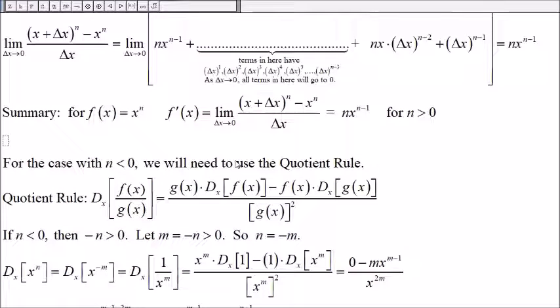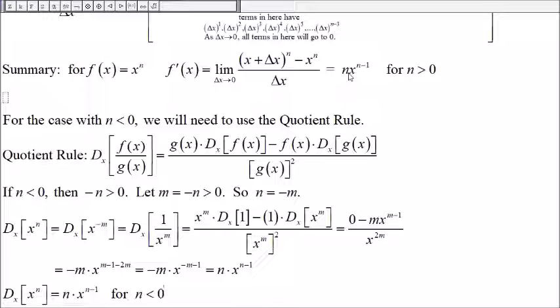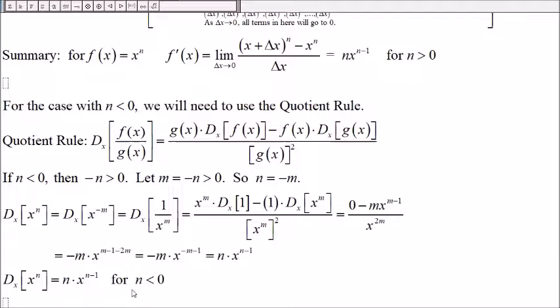So it's the same formula as when n was greater than 0. Then we got the formula: the derivative is n times x to the n minus 1. And then when n is negative, we also have the formula n times x to the n minus 1.